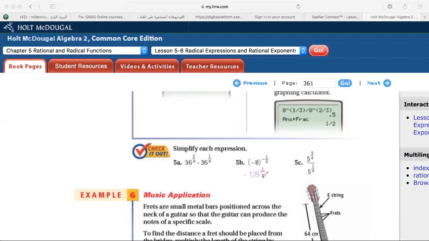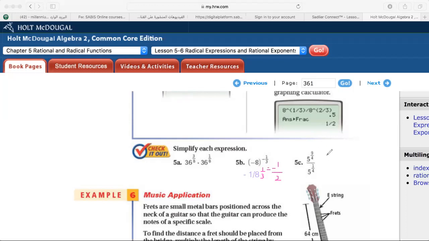I'm facing some problems in writing exponents here, that's why I'm taking a long time to answer each one. So negative 1 over 8 to the exponent 1/3. 8 to the exponent 1/3 is equal to 2. So my answer is equal to negative 1 over 2.